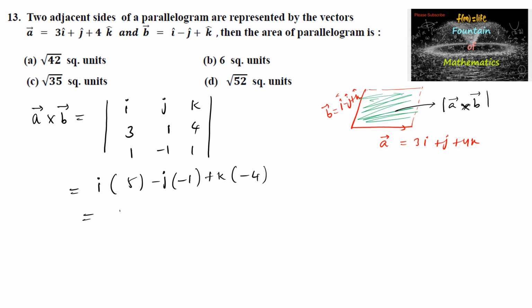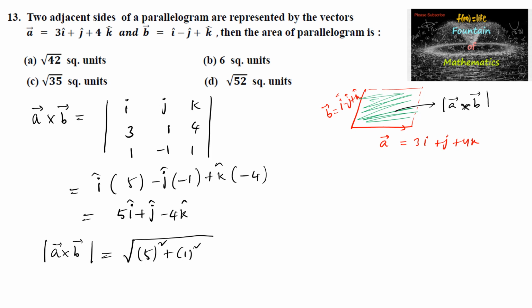So which is equal to 5i plus j minus 4k, and mod of A cross B is equal to the root of 5 square plus 1 square plus minus 4 whole square, which is equal to root of 25 plus 1 plus 16.